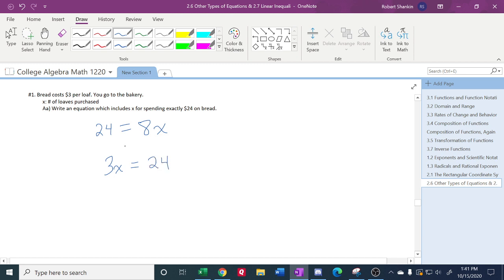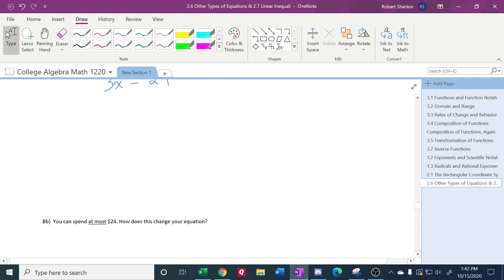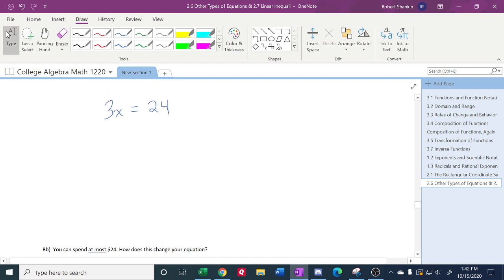I think this one will match up $3 per loaf times the number of loaves and we got to get exactly 24. All right, so let's do that. And now, the 8 is going to come about as the solution of this. Because you divide by 3, you're going to get 8, and I think that's where that 8 was coming from before. All right, now let's go to, you can spend at most $24.